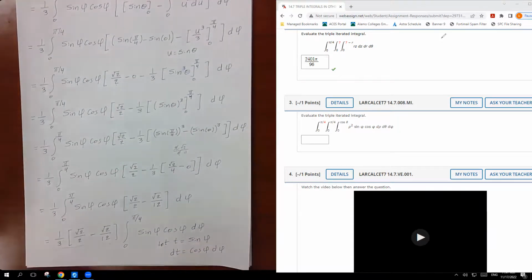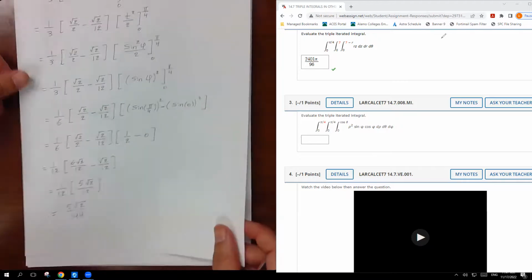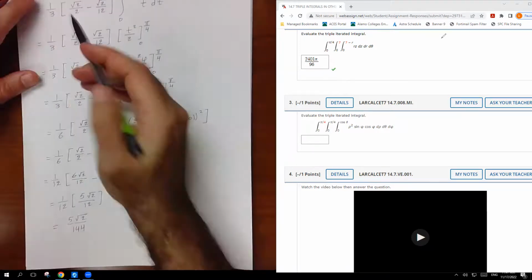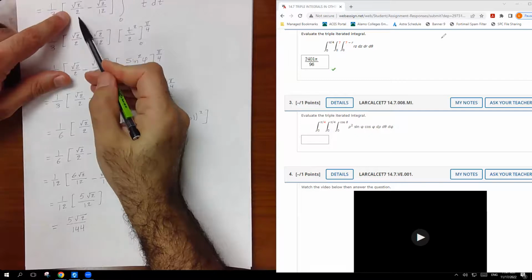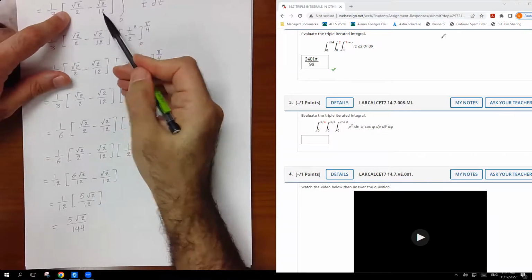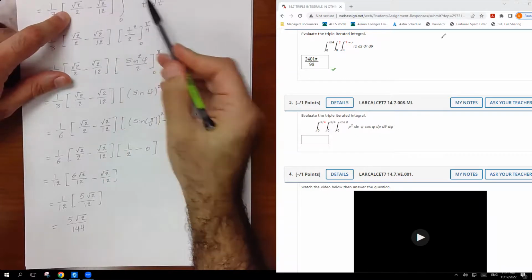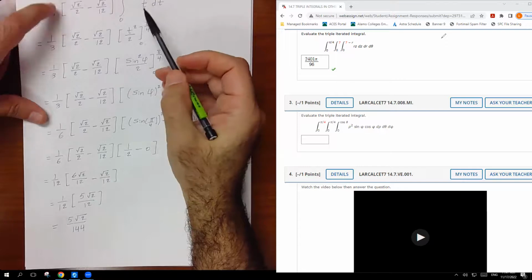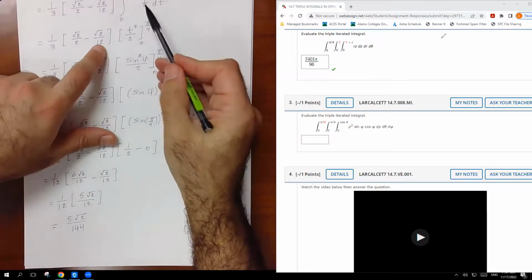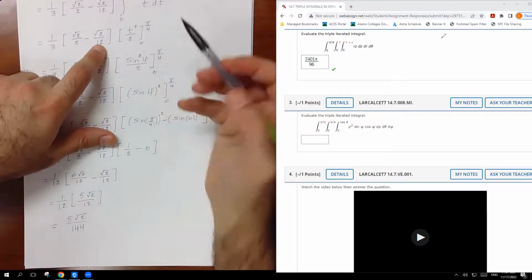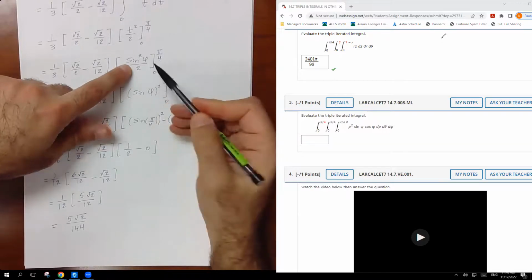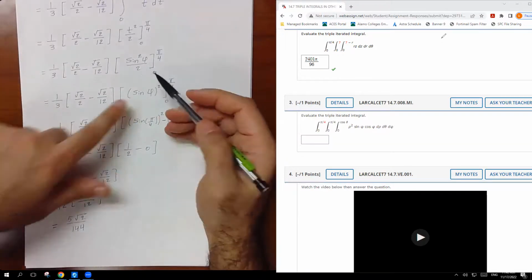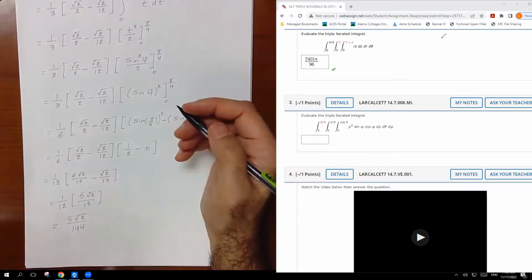So the next step is going to be 1 over 3 times pi over square root of 2 divided by 2 minus square root of 2 divided by 12, from 0 to pi over 4 of t dt. And then it's going to be t squared over 2. Bring back the t, which is sine gamma, squared. I'm going to take out the 1 over 2.